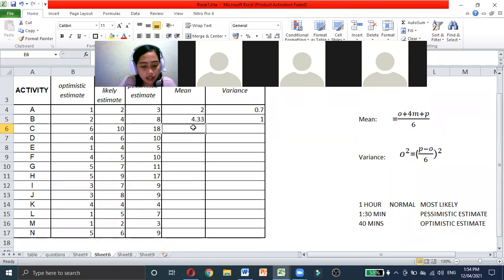The mean is 10.67. Okay. How about the variance? It is 4. Okay, that's good.